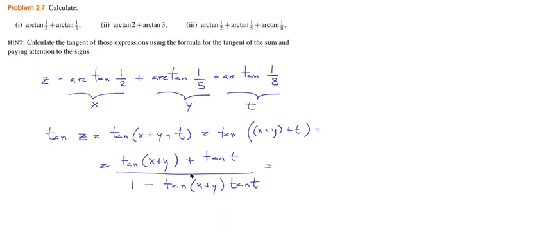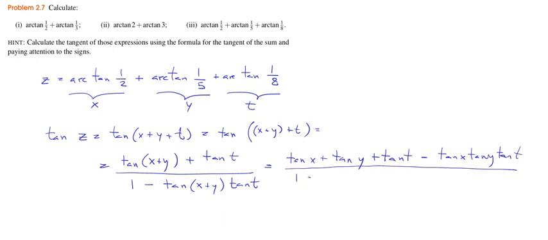I'm not going to do all of it, you can do it at home, but what you have at the end is the tangent of x plus the tangent of y plus the tangent of t minus the product of the 3, over 1 minus, and then the product 2 by 2: tangent of x tangent of y, tangent of x tangent of t, tangent of y tangent of t.